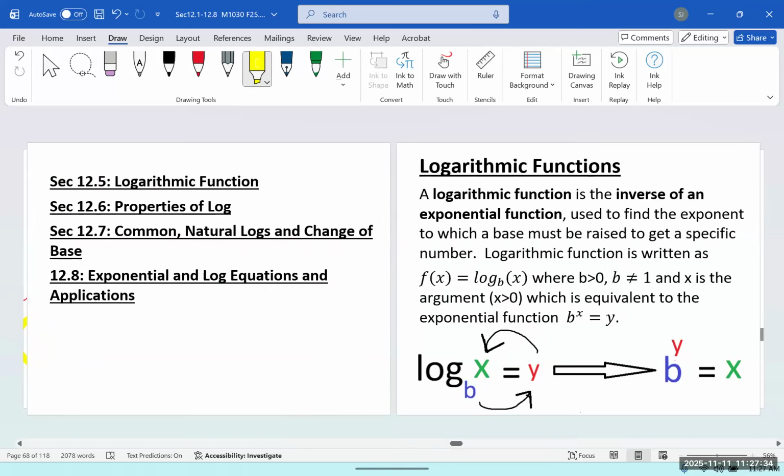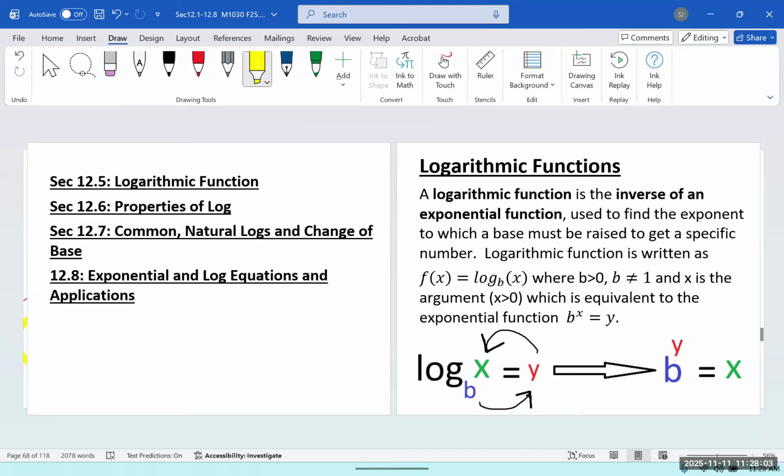Now, logarithmic functions. The logarithmic function is the inverse of the exponential function. The format for a logarithmic function is log with some base b of x.